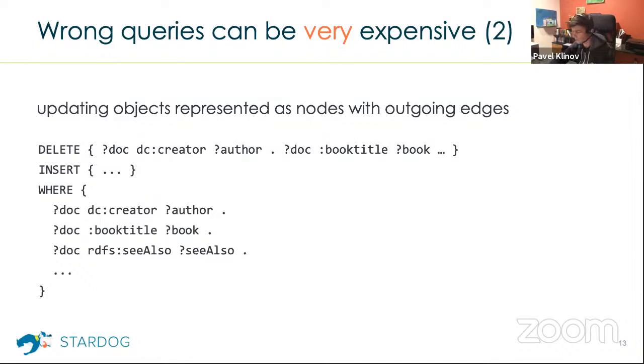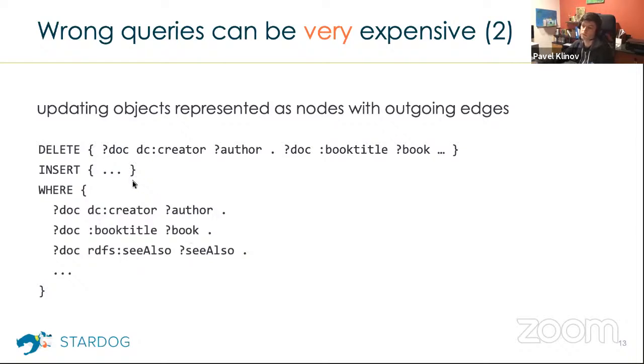I don't want to talk too much about SPARQL update, although SPARQL update presents some interesting performance challenges which don't exist in read-only SPARQL. But anyway, what the author of this query wanted to do was to query documents, objects which have certain properties: creator, book title, see also links, and so on.